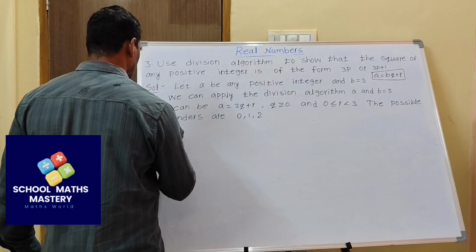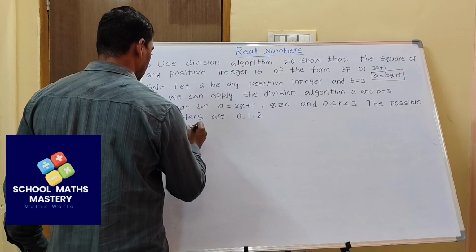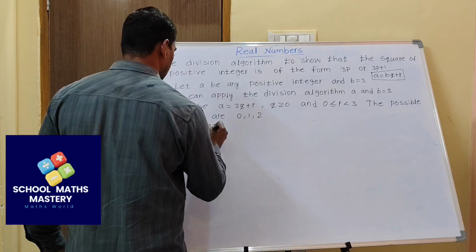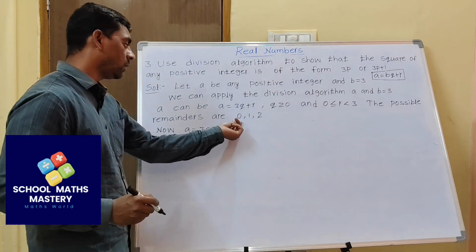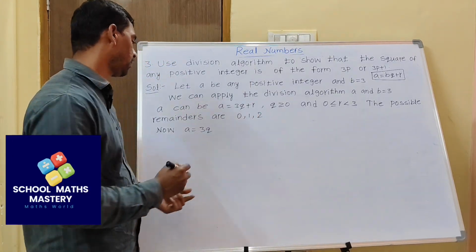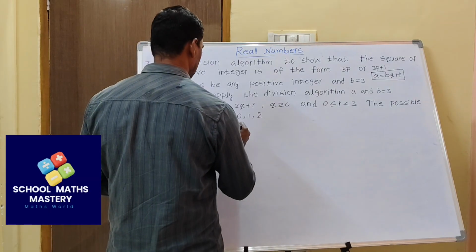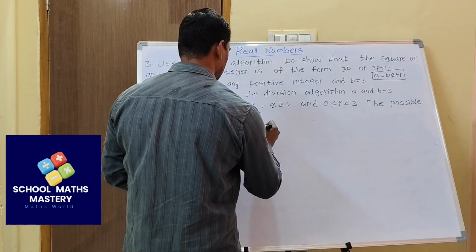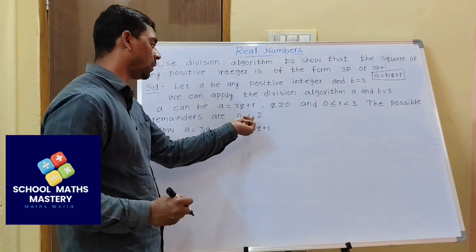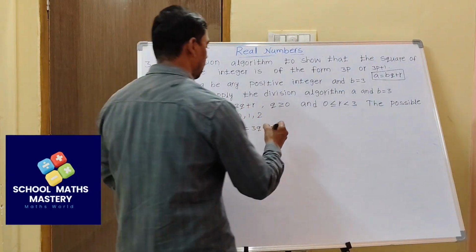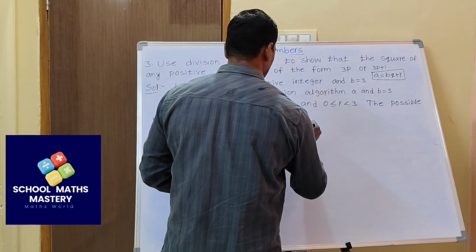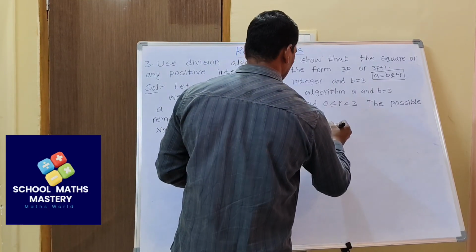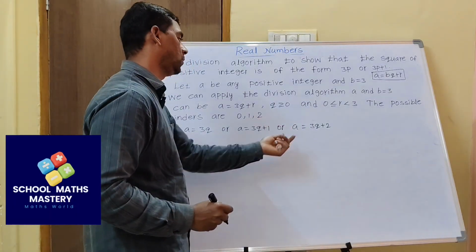Now a equals 3q when remainder is 0, or a equals 3q plus 1 when remainder is 1, or a equals 3q plus 2 when remainder is 2.